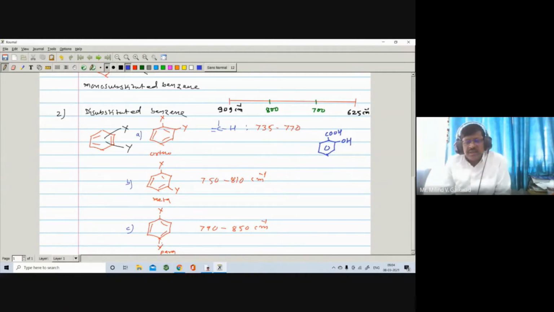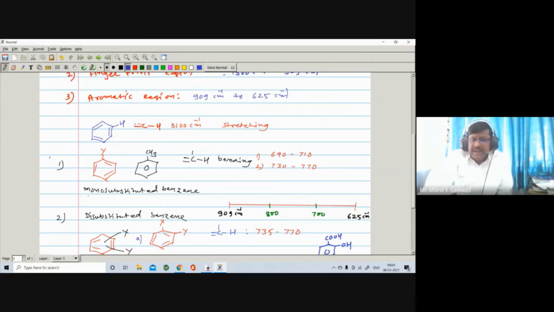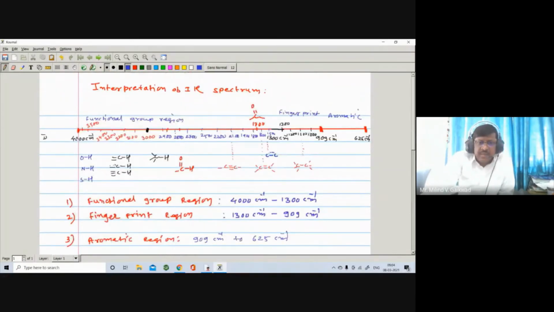Okay. So these are some uses of IR spectroscopy. How to interpret? Suppose they have given a spectra and the values in this range, right? Getting a signal at a particular point, depending upon the functional group and the molecular formula, you may say there is the presence or absence of a particular functional group.